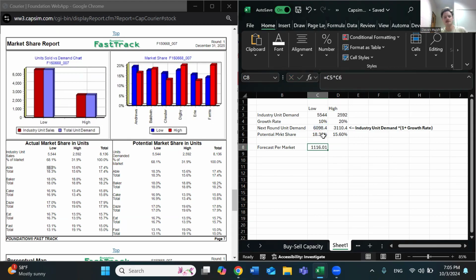This isn't necessarily an accurate forecast, though, because markets change. So you can go with this and then judge based off of the market how much you want to change it.